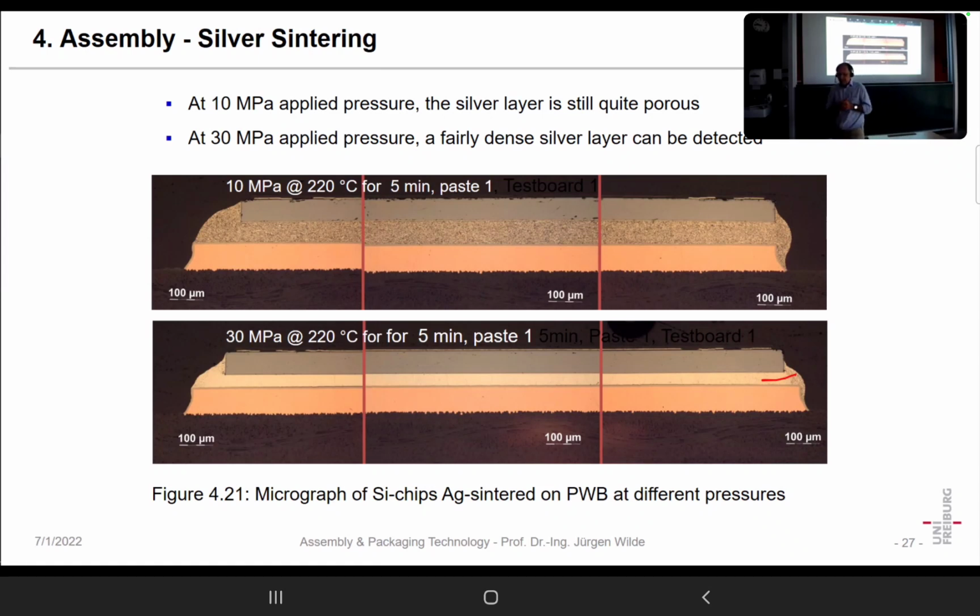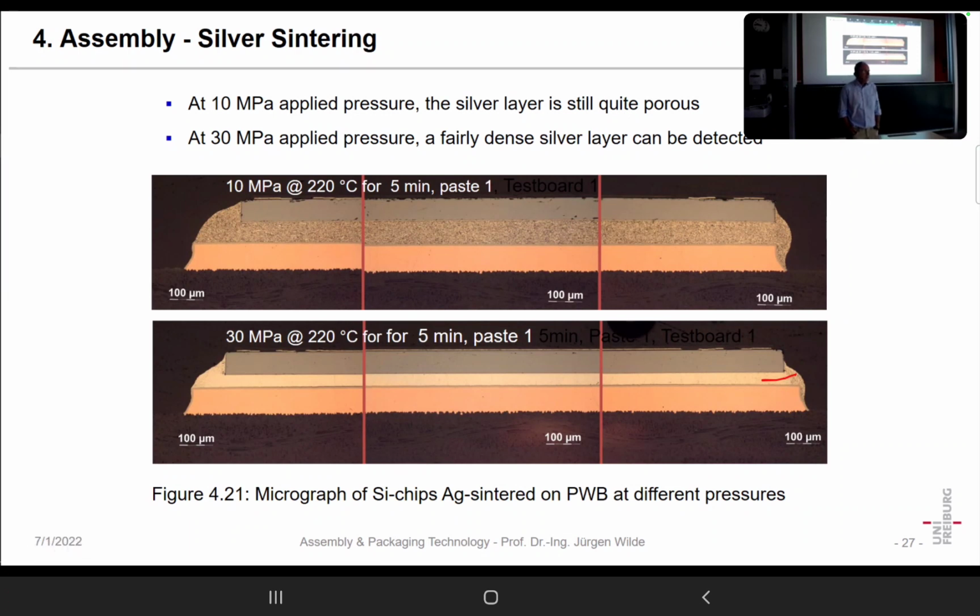On the other hand, what you also need in that case, besides thermal energy, you must put in mechanical energy. And that mechanical energy is just pressure you put on. Here is an example. When we have that chip, it is pressed on with a pressure of 30 megapascal.